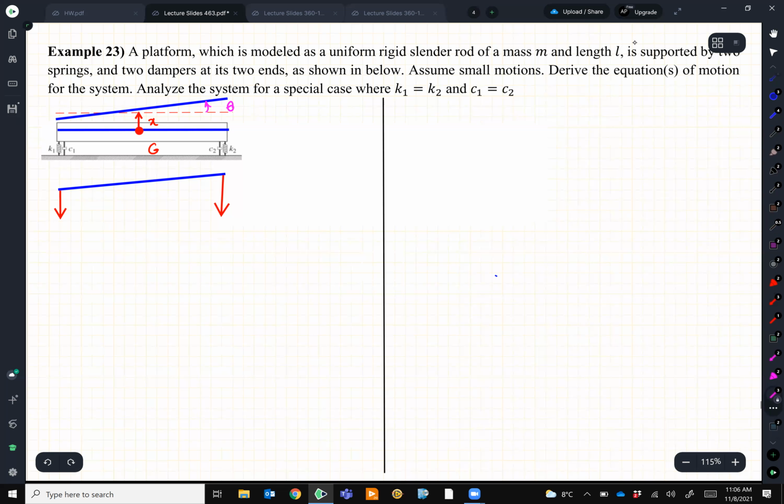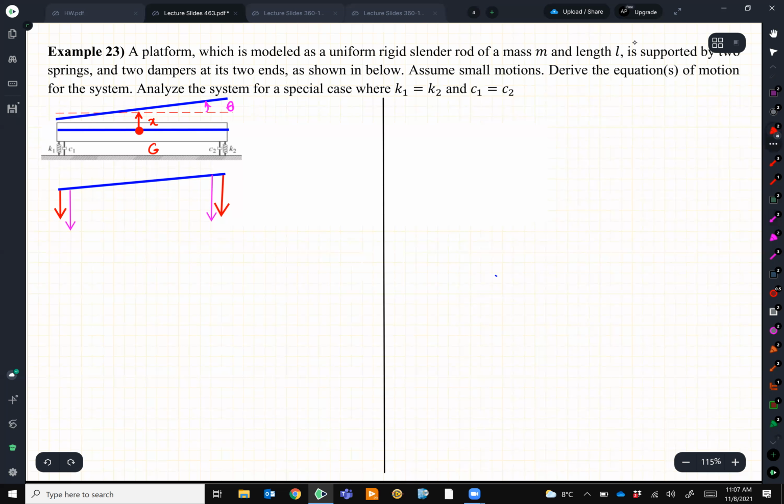So the stiffness and the damping. I want to use different colors so we can distinguish them. So let's use this one. And we assume these two are very close to each other.